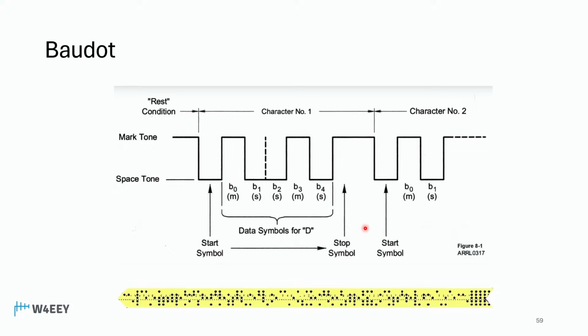And then we have a stop symbol to tell the system on the other end that we're finished with that character. Stop symbol is about 1.5 of these time periods. And then we'll start the next one. So I think, if I didn't lie to you, we just sent the symbol D, 1, 0, 0, 1, 0. That's what it would look like. And here's our paper tape. It's kind of a diddle sound when you hear it on the air, and the Considered Frequency Operator's Guide will tell you where to find RTTY on the bands.